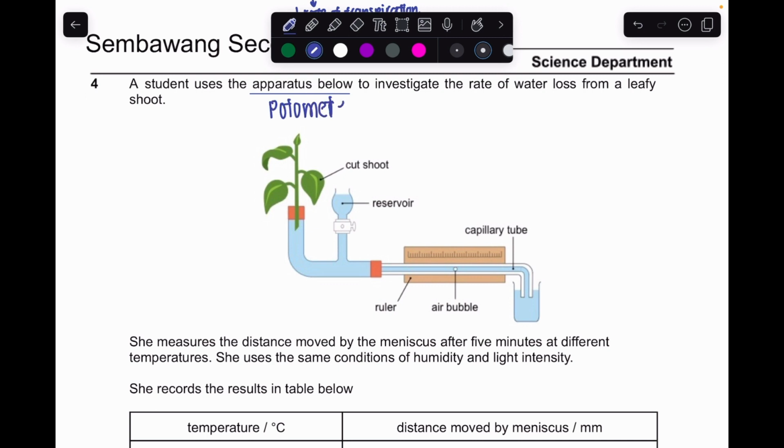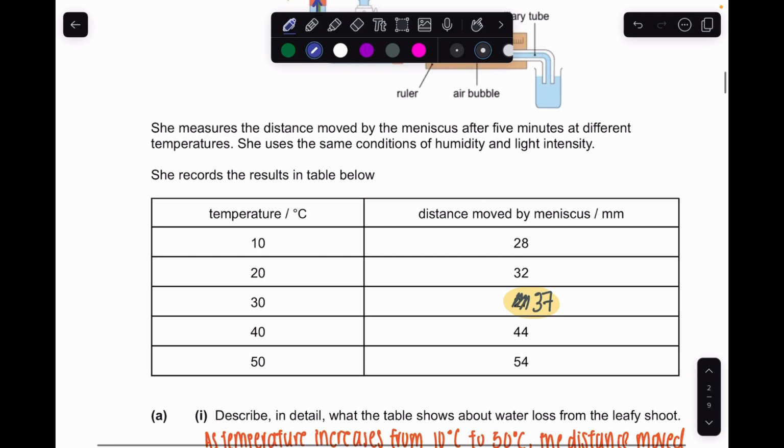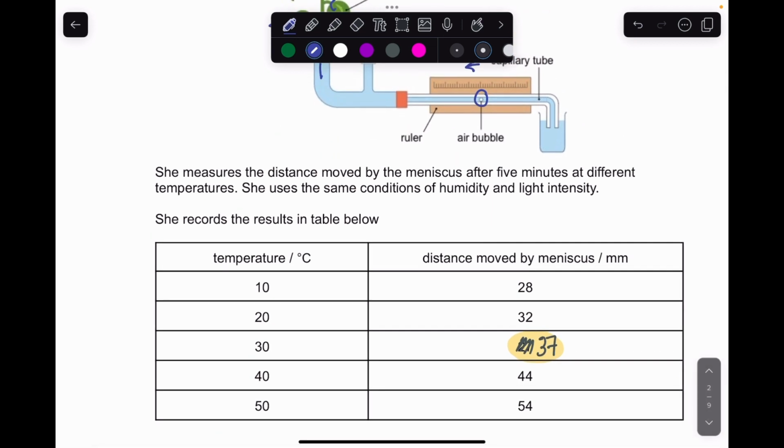So as the leaf loses water to the environment, this creates a suction force, or a transpiration pull occurs, and then more water will be absorbed up the leaf, and that causes the air bubble, or the meniscus of this air bubble, to move. So the more the water, the more the distance moved by the meniscus, that means there is a higher rate of transpiration or water loss.